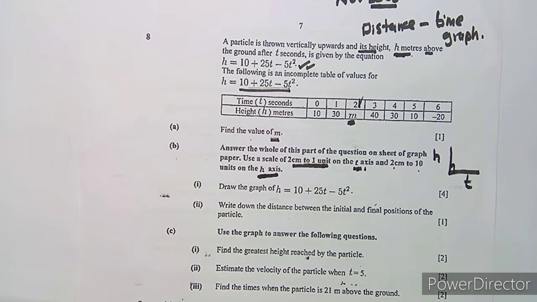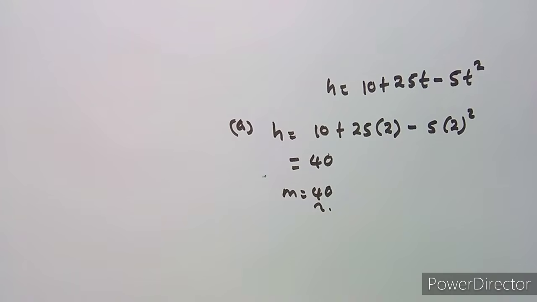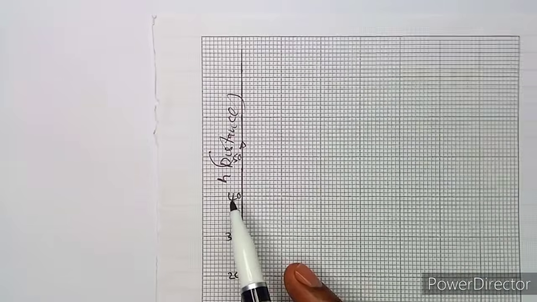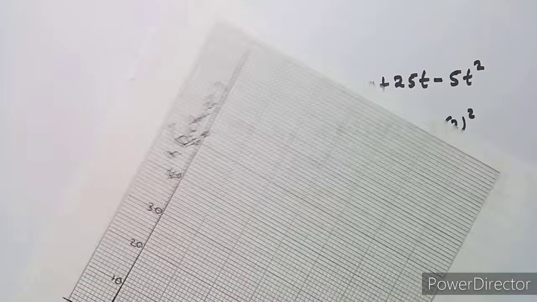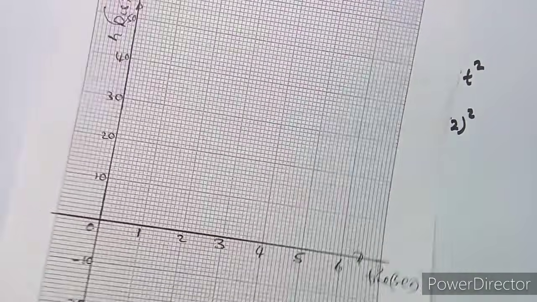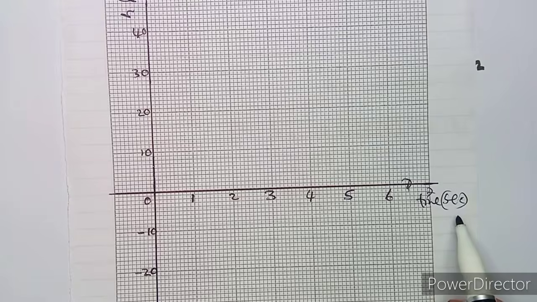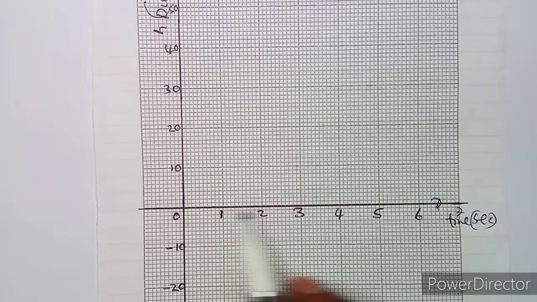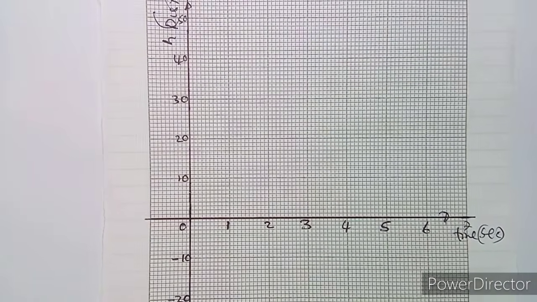That's a distance-time graph. All right. So according to what they gave us, this is what it's going to look like. This is your height, which I said is your distance, and this is in meters. Your distance here is in meters. All right. And this is your time here, which is in seconds. All right. So that is what it's going to look like.